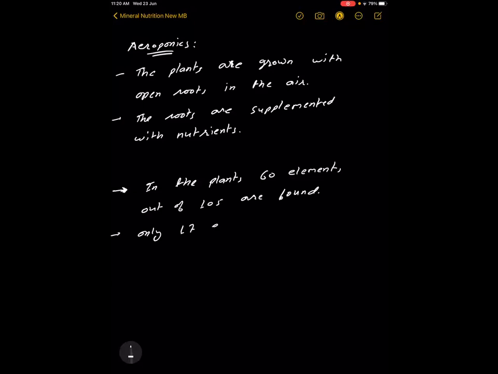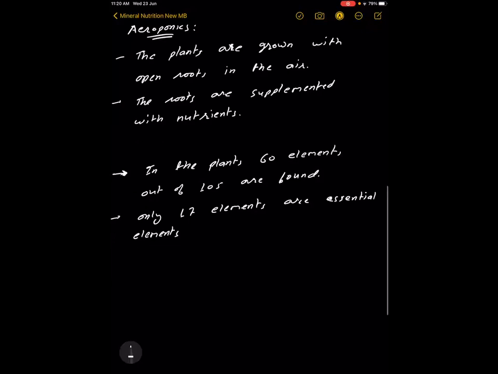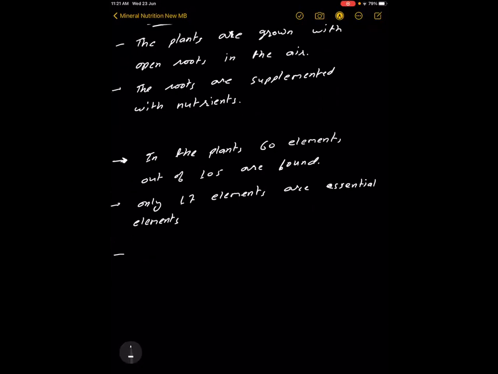Only 17 elements are essential elements. Okay, these are essential elements. The essential elements are categorized into two.